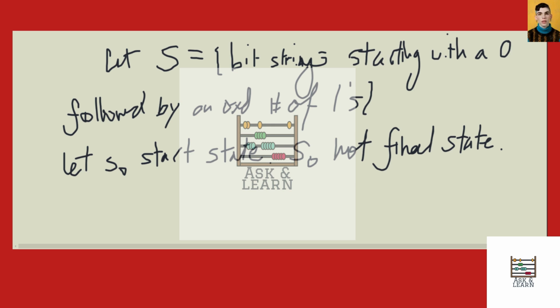And let's consider 3 other states. So S1 is going to represent there are an even number of ones, as long as the string starts with a 0 and does not contain other zeros.